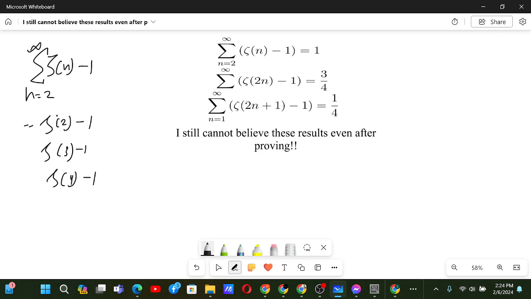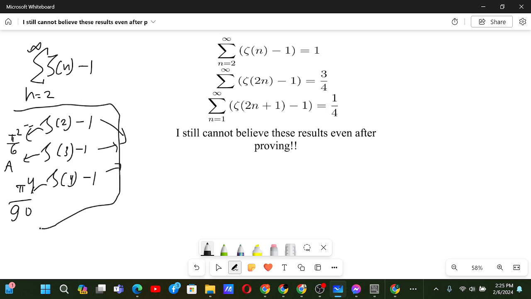These values are pi squared by 6, pi to the power 4 by 90, and a new constant, and the values are so ridiculous. But over here we have minus 1, minus 1, minus 1 going from 2 to infinity. And these ridiculous values nicely sum up to just 1, and that seems pretty awesome.